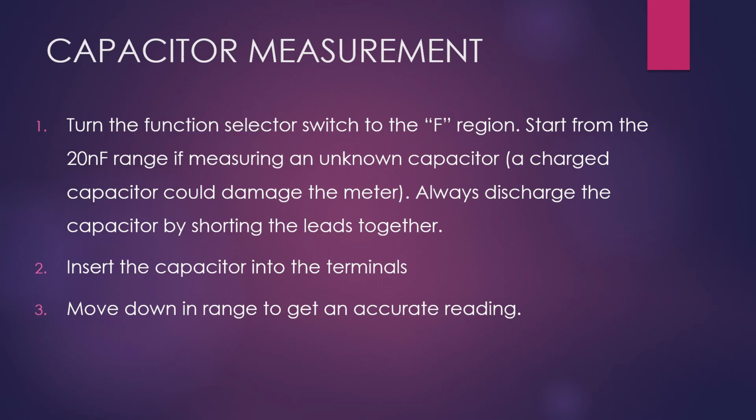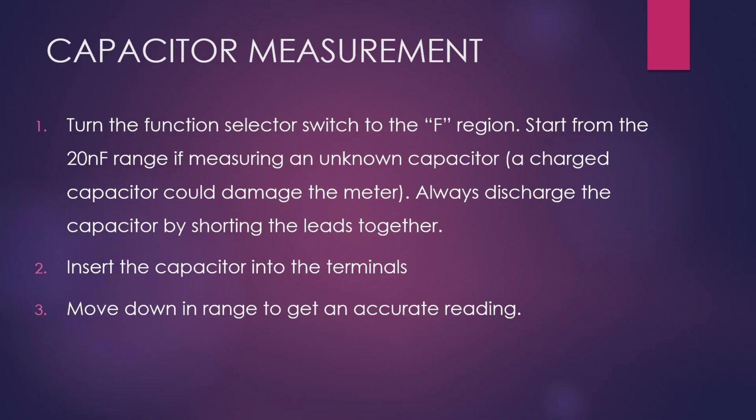Always keep in mind that whenever you are measuring an unknown value, you always select the higher scale, because maybe your capacitor is charged and it could damage the multimeter.